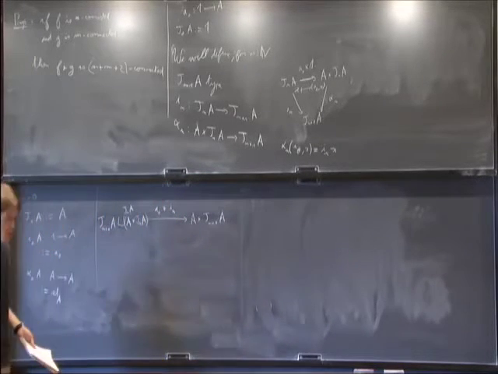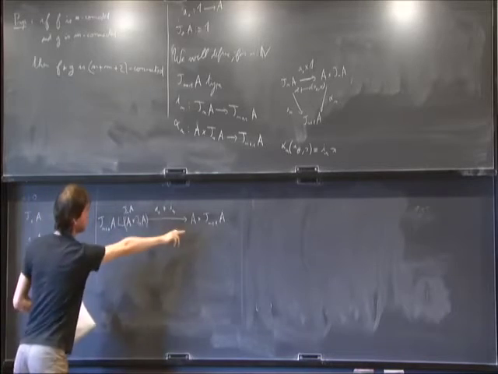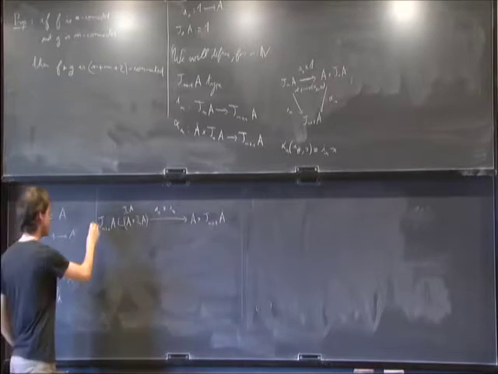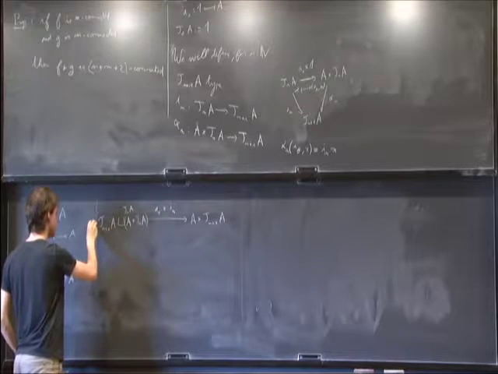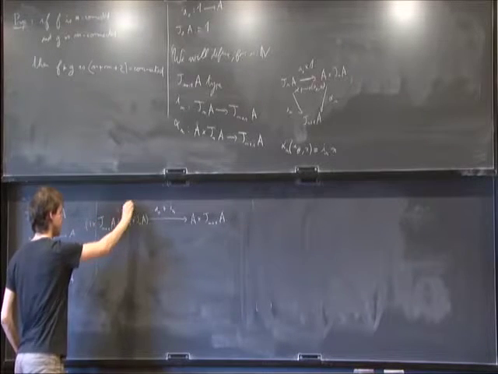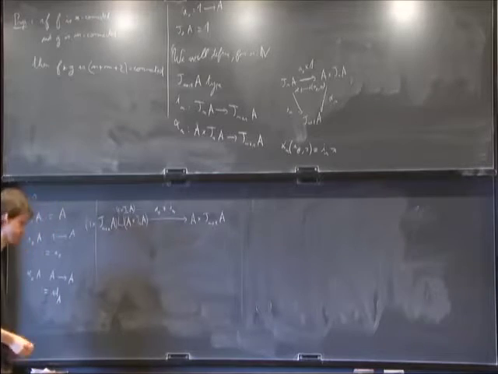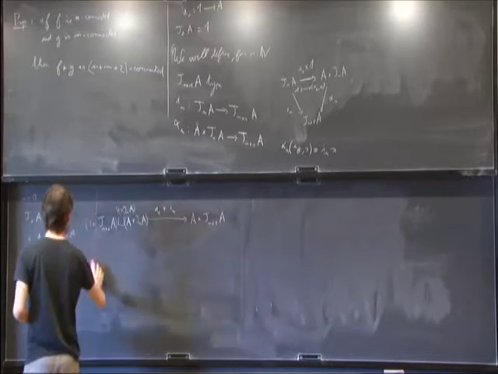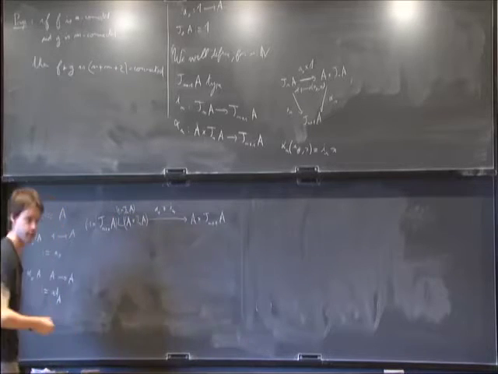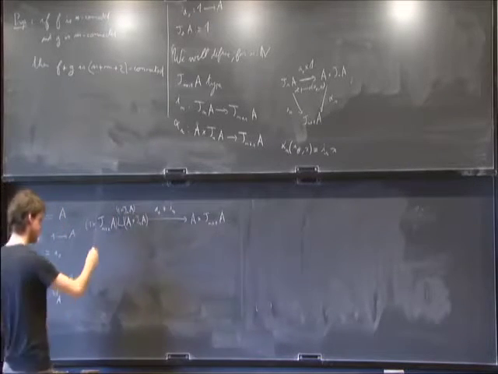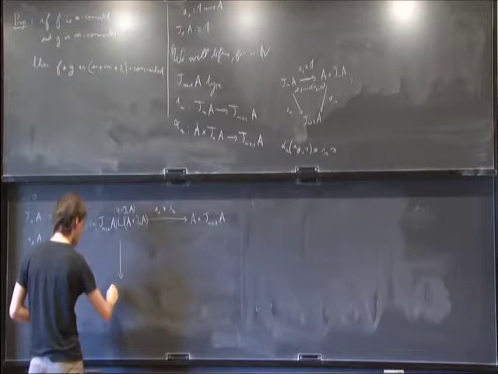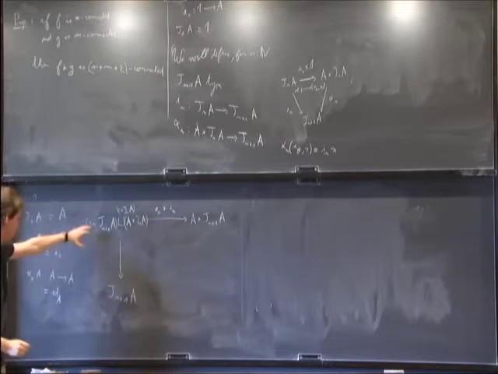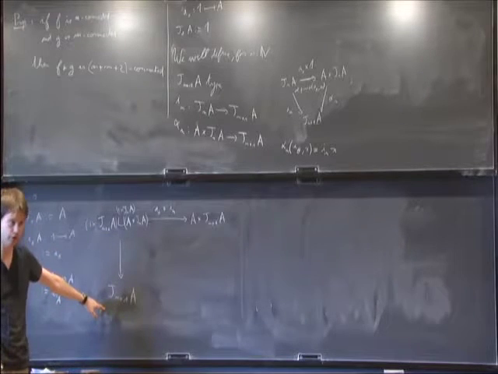So if you look at the definition of the push-out product, you get a map like that. You've contracted across. This is 1 times, this is 1 times. Now there is a map from that to j n plus 1 of a.